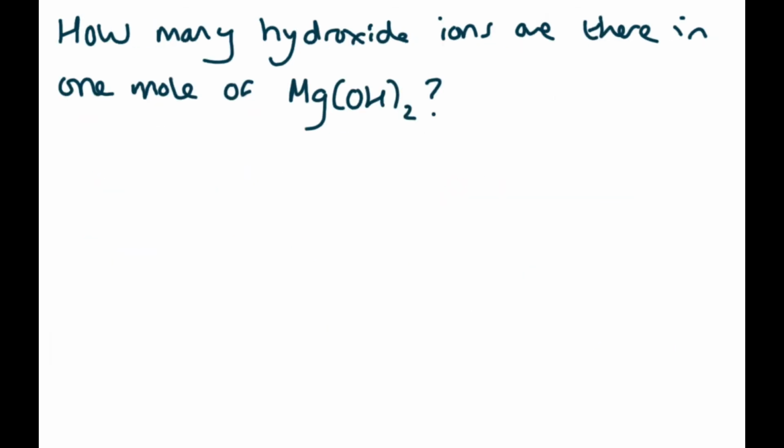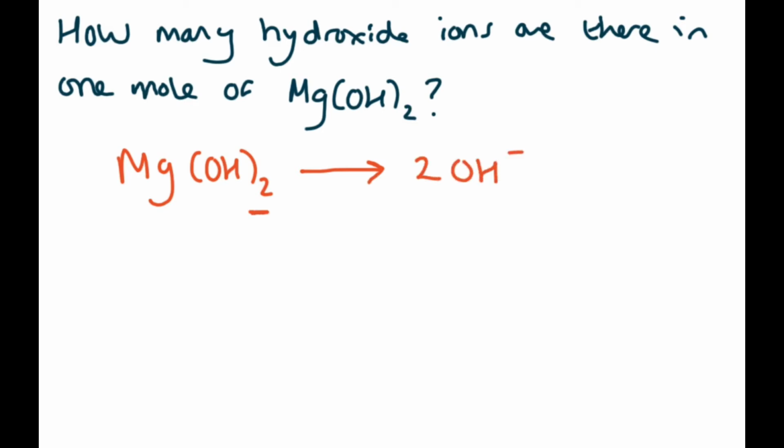So let's have a go at an example question. How many hydroxide ions are there in 1 mole of magnesium hydroxide? If you have 1 mole of magnesium hydroxide, then there are 2 hydroxide ions in each formula unit.